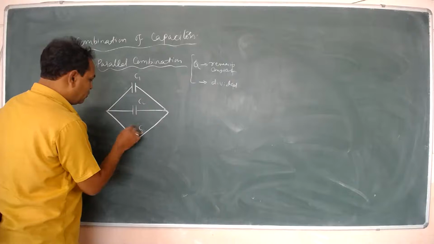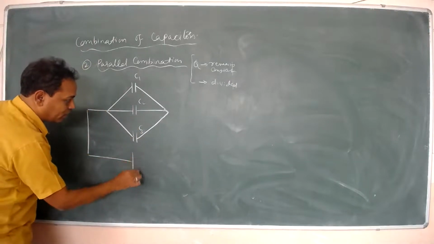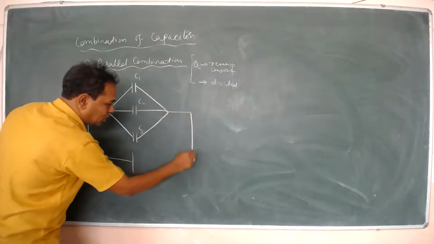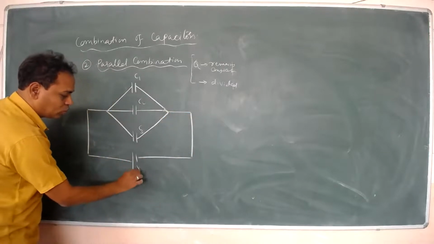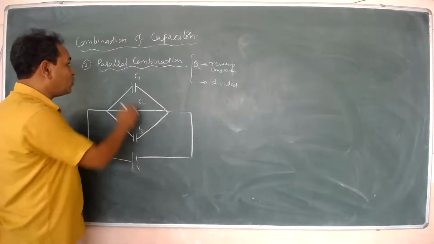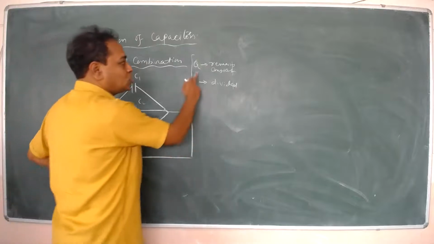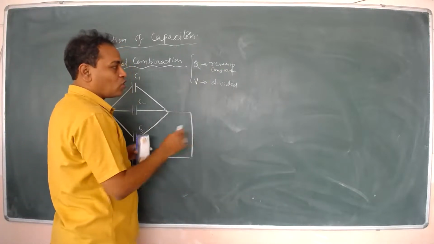Now the first terminal is connected to the positive terminal of a battery, and the second terminal is connected to the negative terminal of the battery. Say this is a voltage V. As I just told, in case of parallel combination, the charge will be divided, whereas the voltage will remain constant.